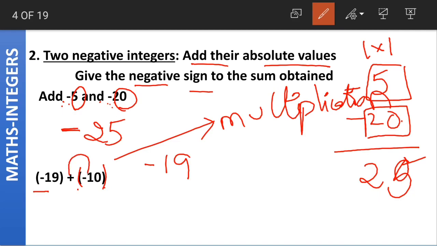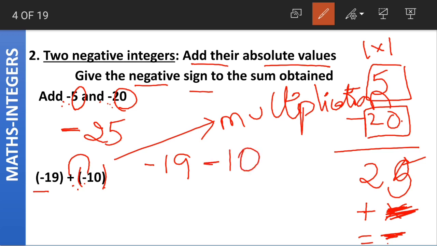Plus into minus becomes what? Do you remember what I said regarding the signs? When we have different signs, the answer is negative. When we have a plus and a minus, the answer will be minus. In multiplication, when we multiply a plus and a minus sign, the answer will be minus. So plus into minus gives us minus.